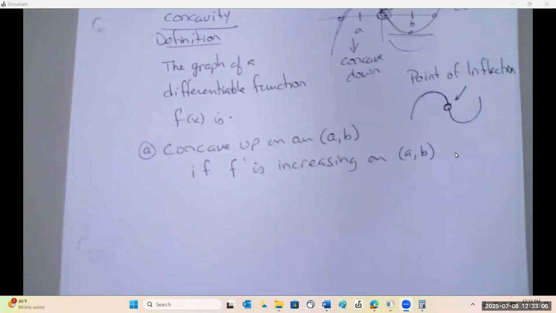It's concave up if it's increasing on that interval.